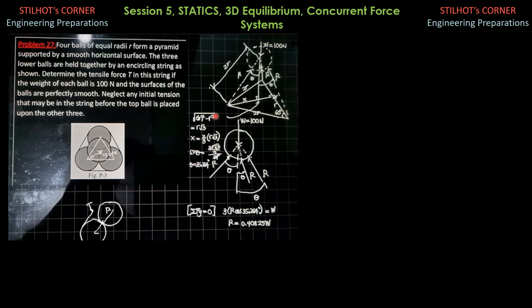This is the lower triangle with dimensions 2R, 2R, and 2R. For an equilateral triangle, the interior angle is 60 degrees. Then this vertical line, the line of action of the weight, passes through the centroid of this equilateral triangle.